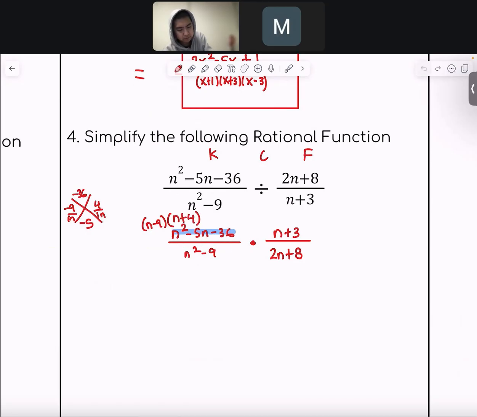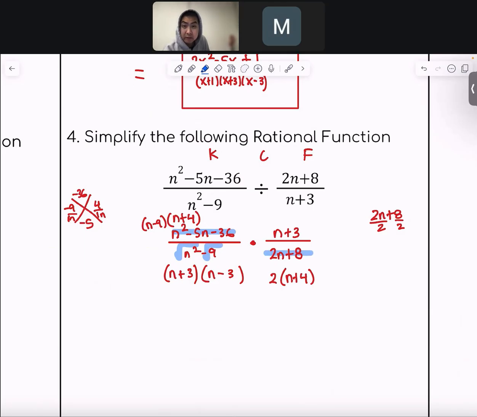This one is a difference of squares, so this is the square root stuff. What times what is n squared? n times n. What times what is 9? 3 times 3, plus and minus. And then this one is your GCF factoring. So remember, 2n plus 8, what can both of these be divided by? 2, so it's going to be 2 times n plus 4.